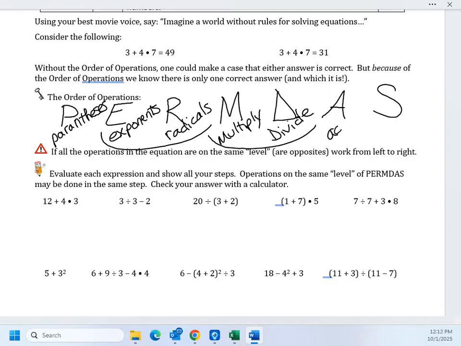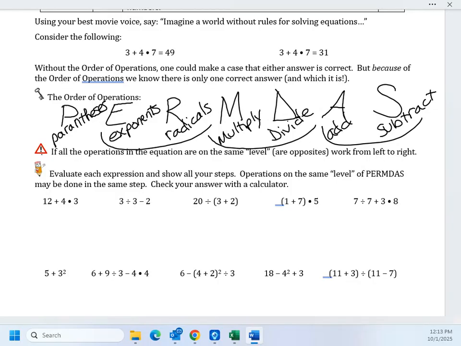Addition. And what is the S, Finley? Subtraction. They are on the same level because they are opposites of each other. 2 plus 3 is 5. 5 minus 3 is 2. So we have 4 different levels. Parentheses. Exponents and radicals, multiply and divide, add and subtract.